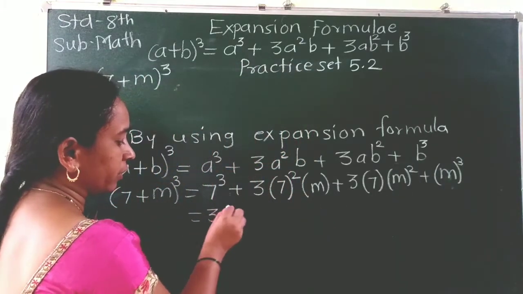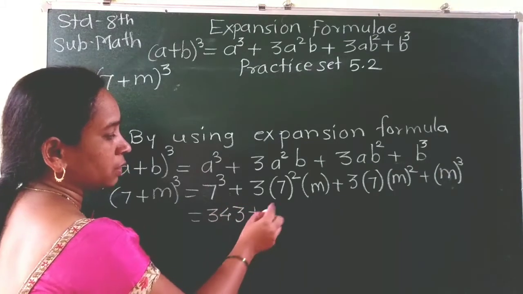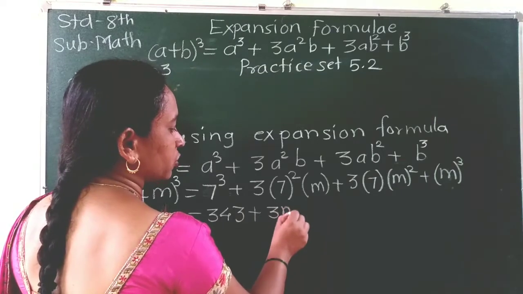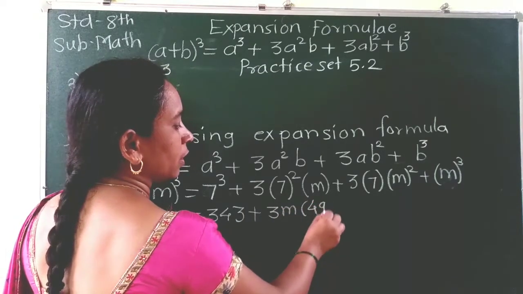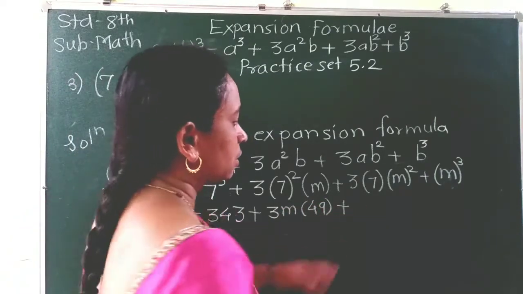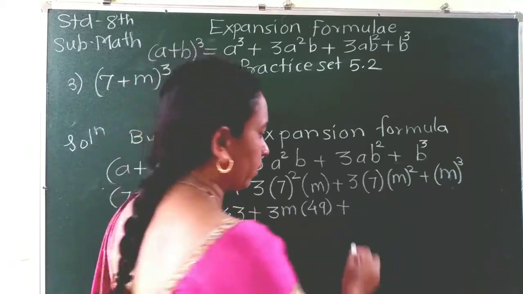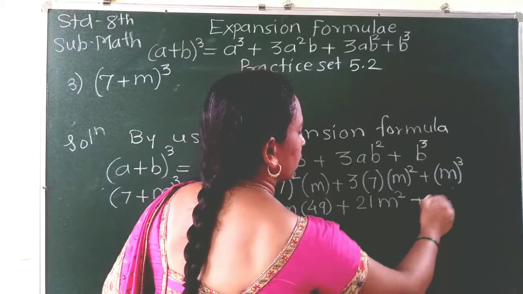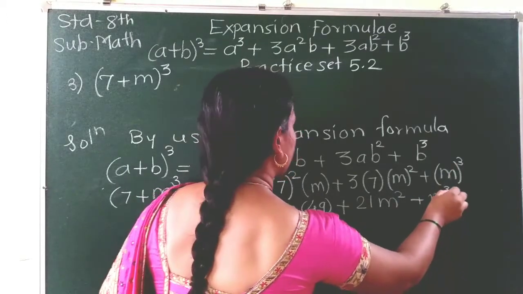7's cube is once again 343, plus 7 square is 49, and here 3 into m, that means 3m into 49, plus 7 3s are 21 m square, plus m cube as it is.